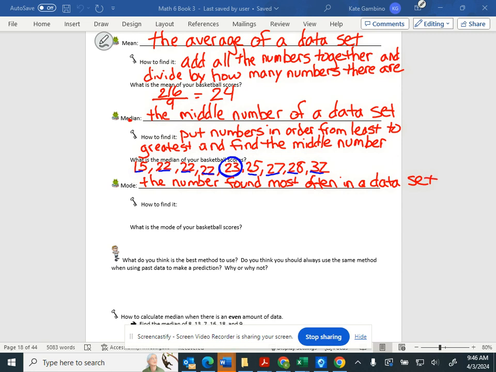Mode, most. They have those O's. Mode, most. So if we look at our number set, how to find it. We need to find how many times a number is listed in a data set.